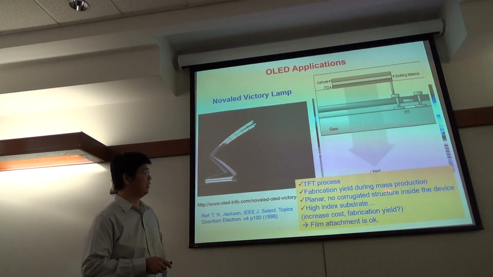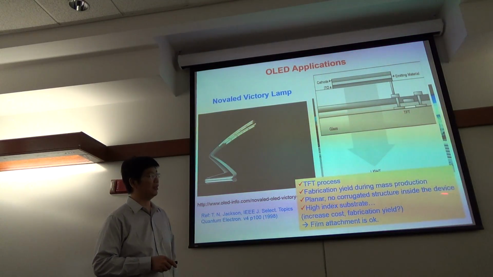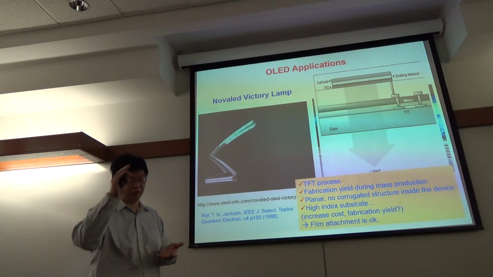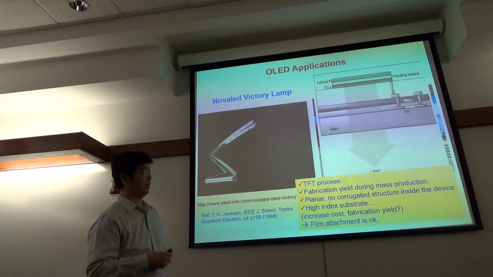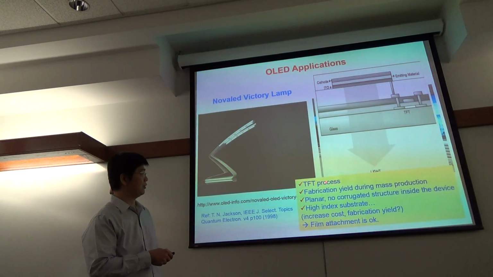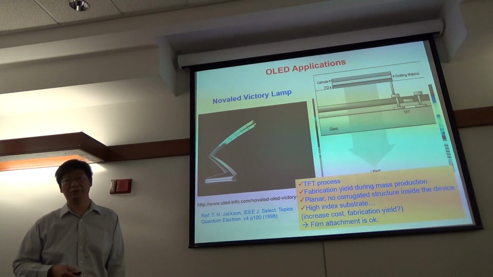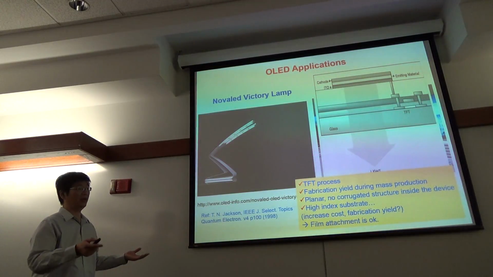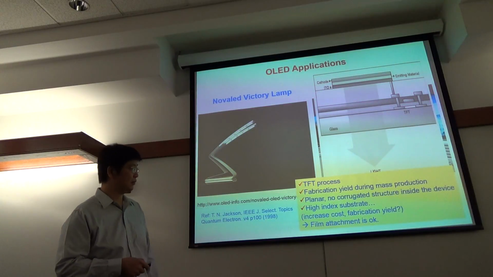So there's some fabrication yield, and typically the industry doesn't want to have the corrugated structure inside the device. Outside is easier because you just attach that, but inside is not easy because you have to consider the TFT process. And how about a high-index substrate? Sometimes that is not preferred because for the TFT process, they have some special requirement for your glass.